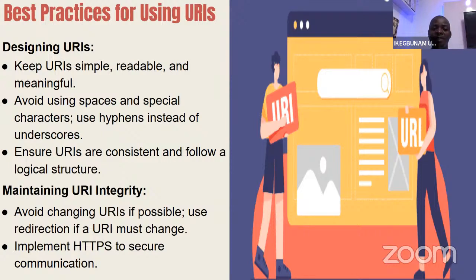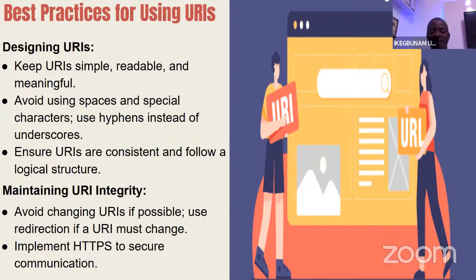Avoid using spaces and special characters. Use hyphens instead of underscores. If you have something like prime global shipping, or maybe Nigerian government secure, then instead of using an underscore between the words of your domain name, use a hyphen, which is a dash. Ensure URIs are consistent and follow a logical structure.